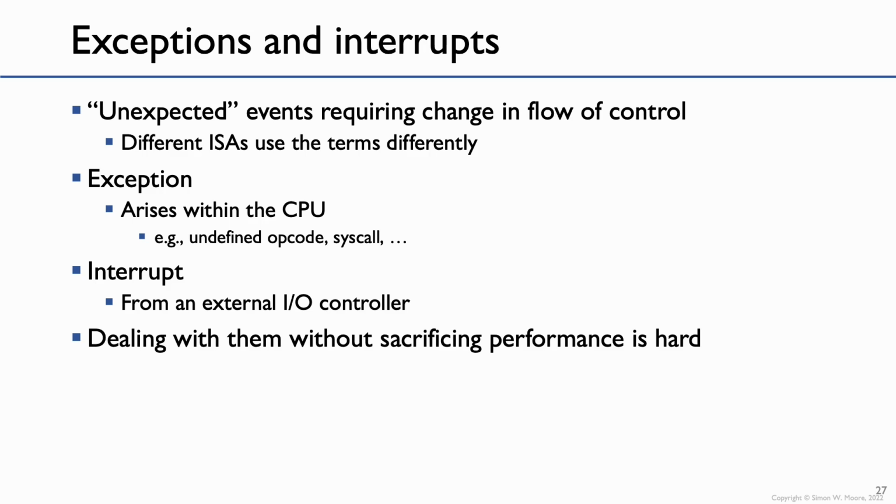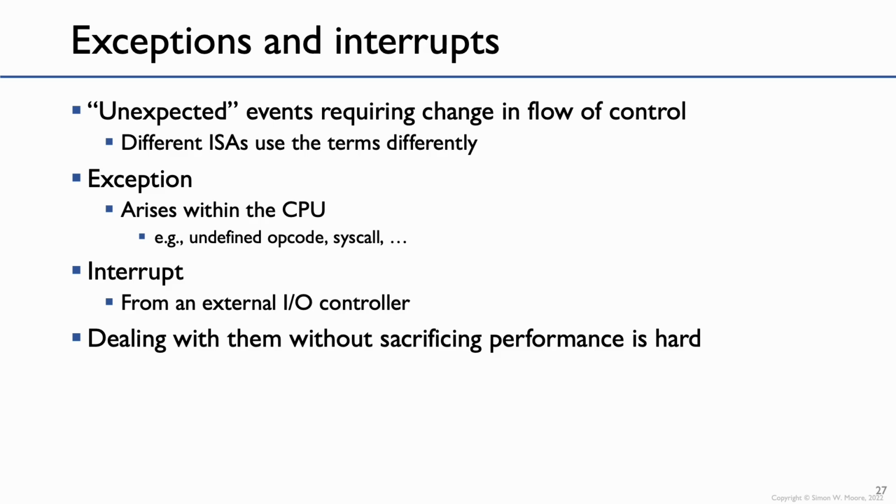Some external device will say, "Excuse me, I need attention, please," and the interrupt basically causes the OS or runtime system to be invoked to service that I/O device or handle that timer interrupt.